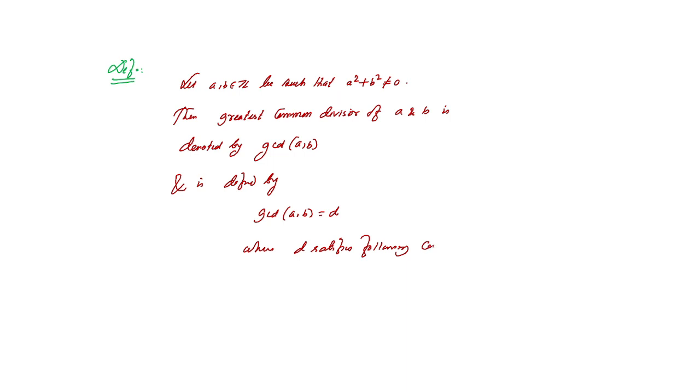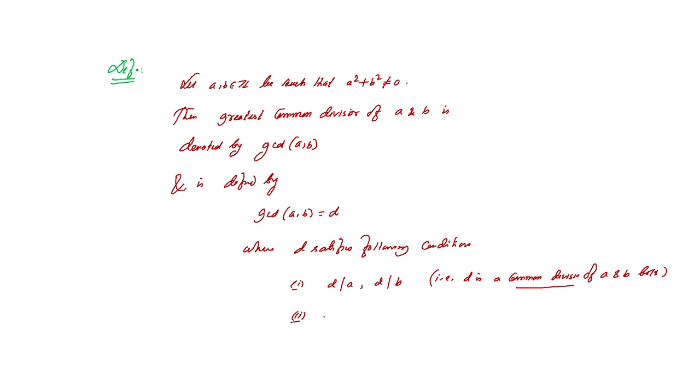Now the question is, what are the conditions? D must divide A and D must divide B. That means D will be a common divisor of A and B both. So this is the common divisor part.